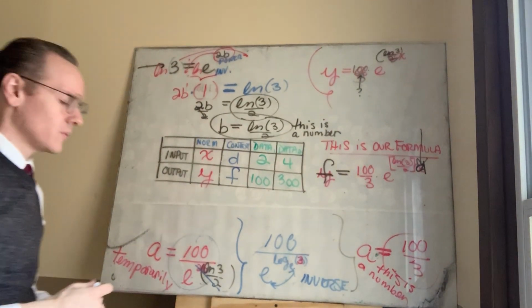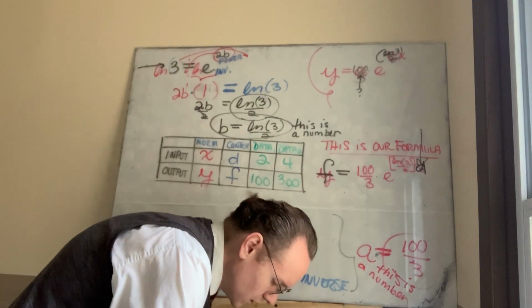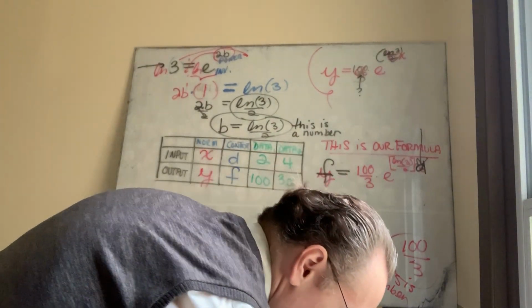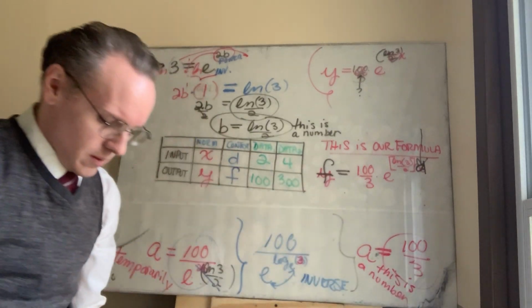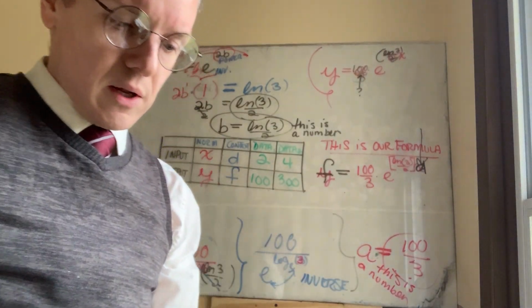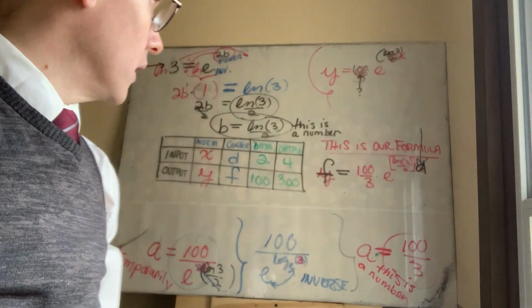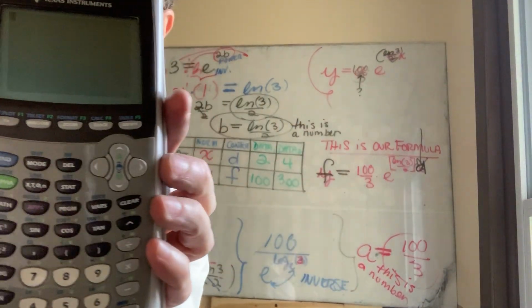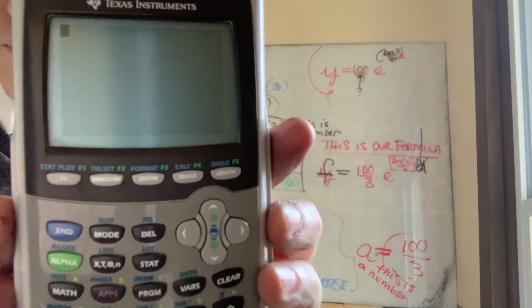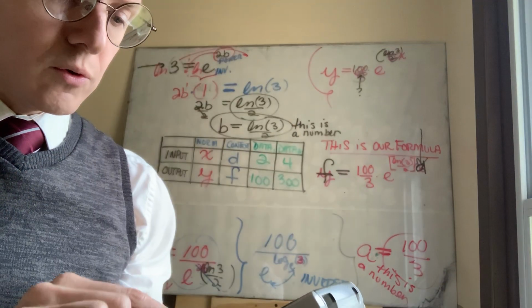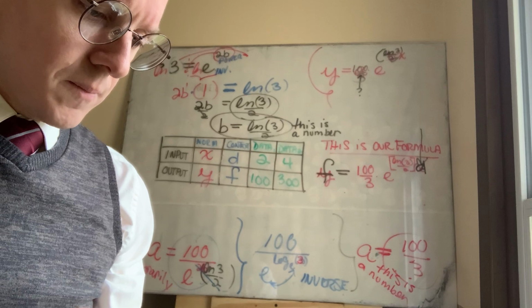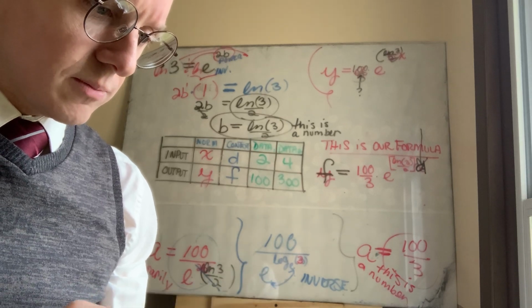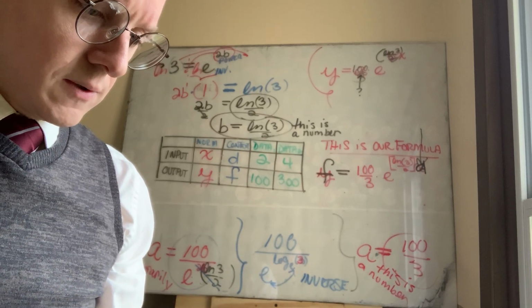Let's type it. I'm going to clear out of here. Again, I'm going to be very super careful, and I'm going to use the appropriate syntax. I'm going to enter it first, and then I'll show you what I got because it's a little hard to do it backwards.